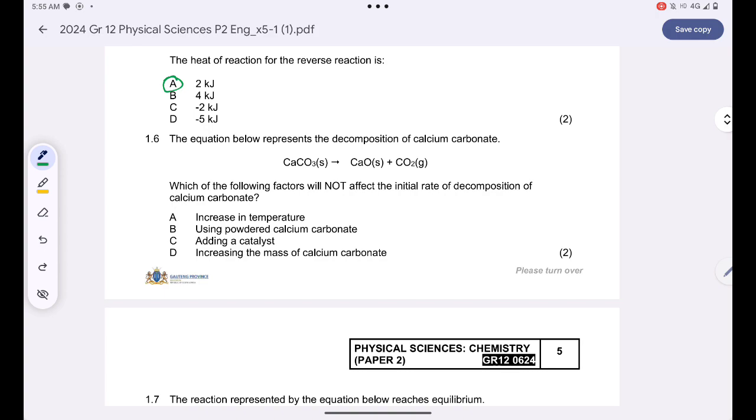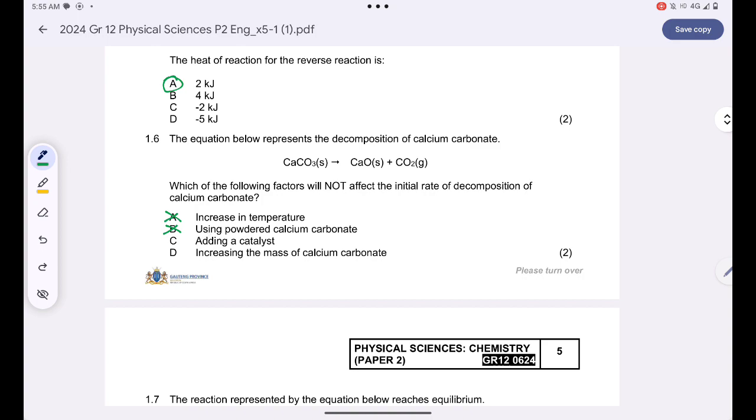So temperature is out of the way. Using powdered calcium carbonate is also out of the way because you are increasing the state of division, or you can say you are increasing the surface area. So this does affect the rate of reaction.